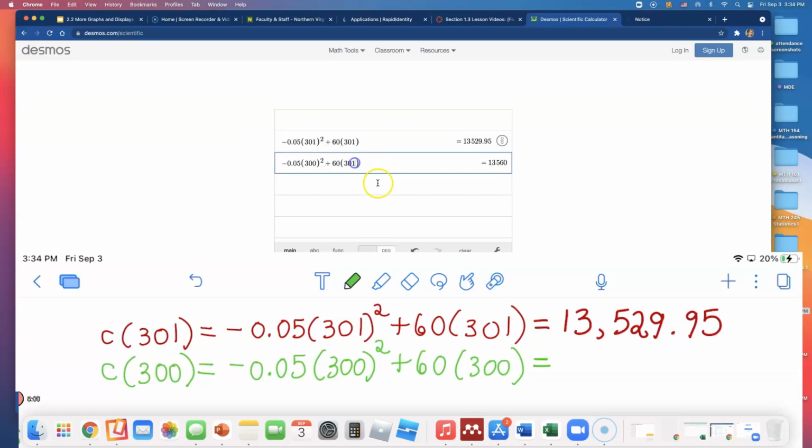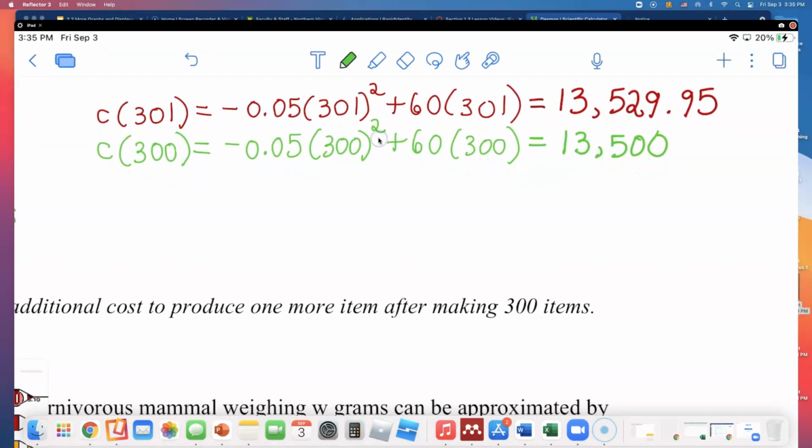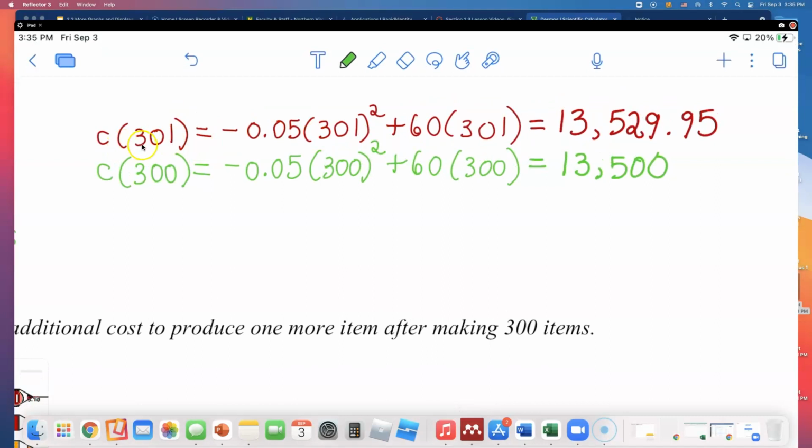So what's the cost if we make 300 cell phone cases? That comes out to be $13,500. So when we make 301 cell phone cases, we end up paying $29.95 more than when we produce 300 cell phone cases.